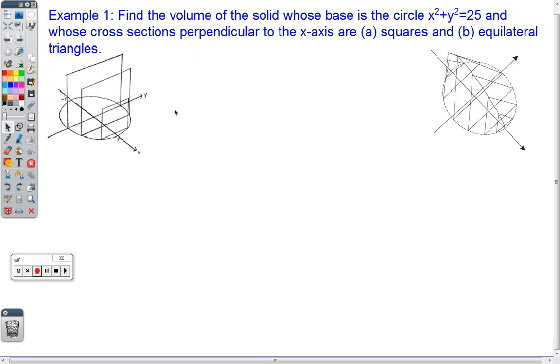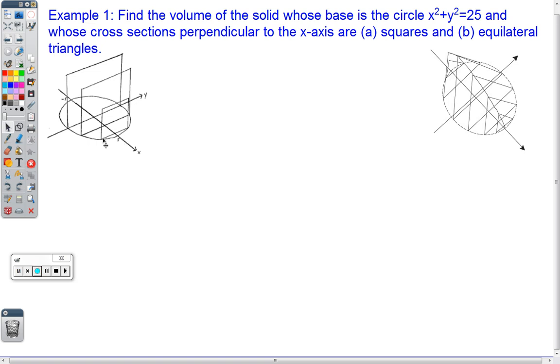Okay, so example 1. Find the volume of the solid whose base is the circle x squared plus y squared equals 25, and whose cross-sections perpendicular to the x-axis are, in the first example, squares, and in the second example, equilateral triangles. The base is a circle, and on top of that circle we're going to build a bunch of squares. Wherever on the circle you are, that's how big the square is.